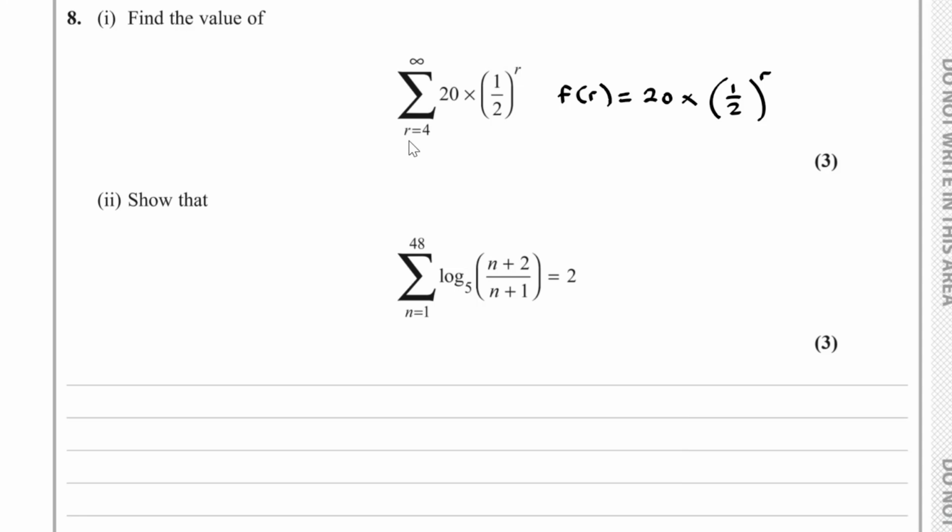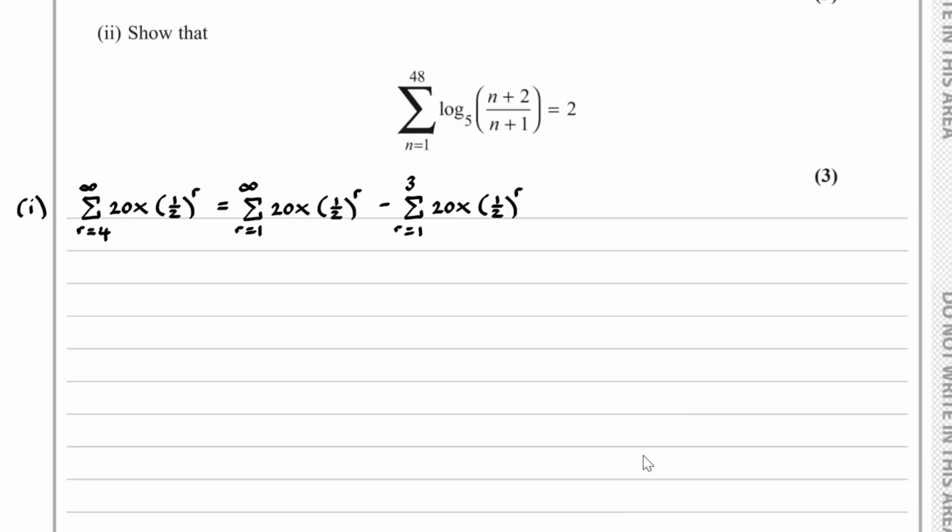So when we come to work out this series, we have the following. We have the sum from r equals 4 to r equals infinity. That's the same as the sum from r equals 1 to r equals infinity minus the sum of the first 3 terms. And over here, hopefully you can recognize we have here a geometric series to infinity.